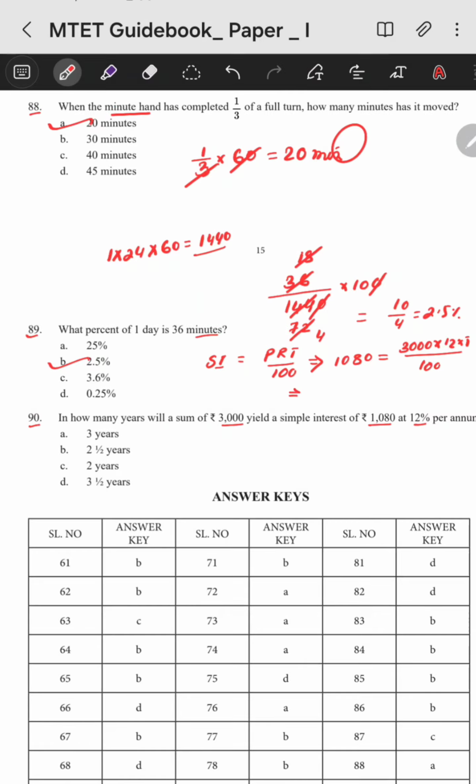If you simplify further, time is equal to 1080 into 100 by 3000 into 12. Here the zeros cancel, and now we see 108 by 3 into 12, that is 36. Now if you divide, that is 3 times. So option A is your correct option, 3 years.